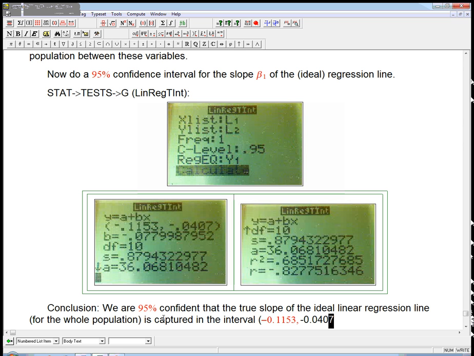And notice that that interval doesn't even come close to including 0, which is another confirmation that we don't believe the null hypothesis, that there's no association here.